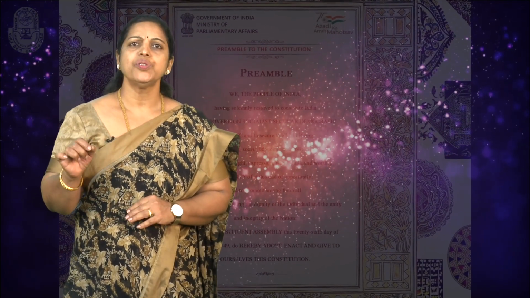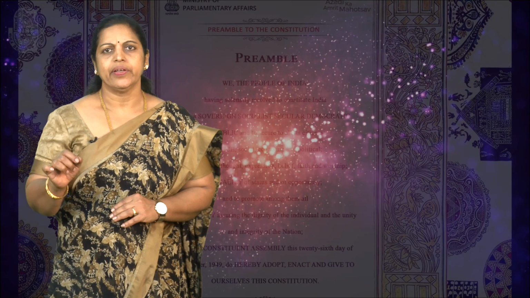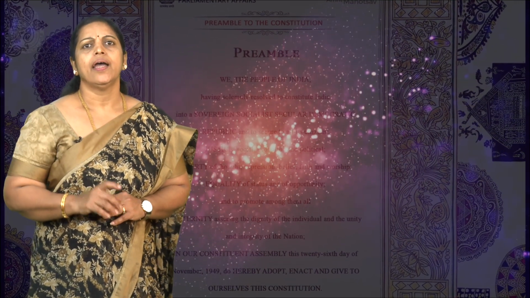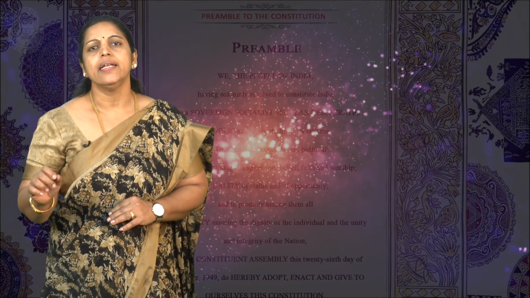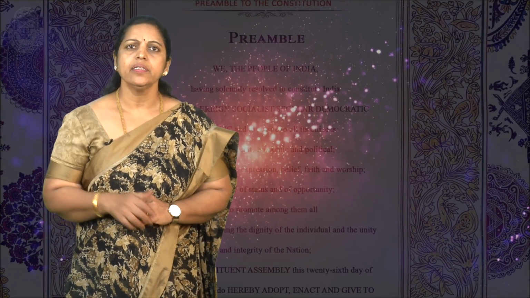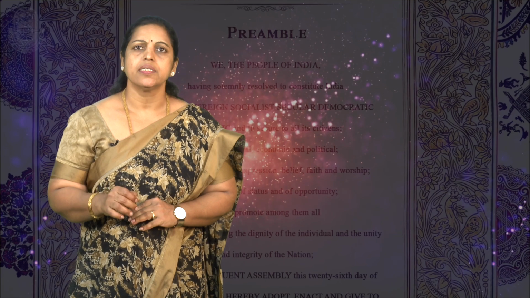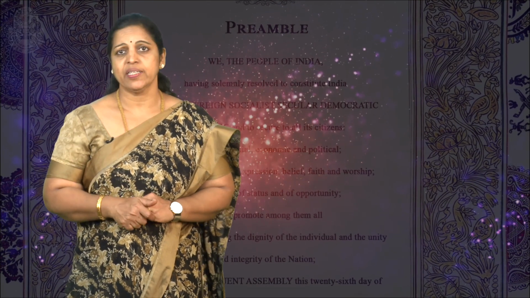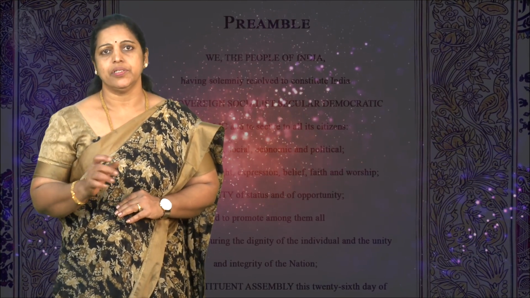A rigid constitution is one in which an amendment is more elaborate and difficult than the enactment of ordinary legislation. The process of amendment under the Indian Constitution is both flexible as well as rigid.